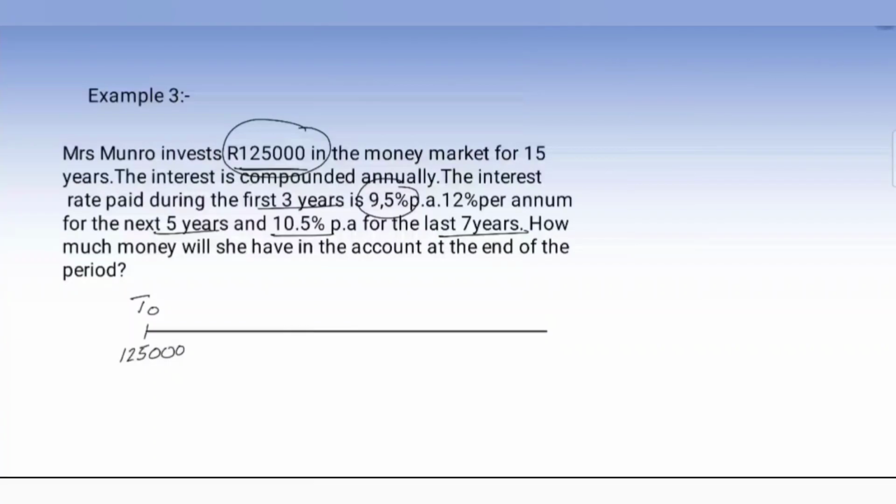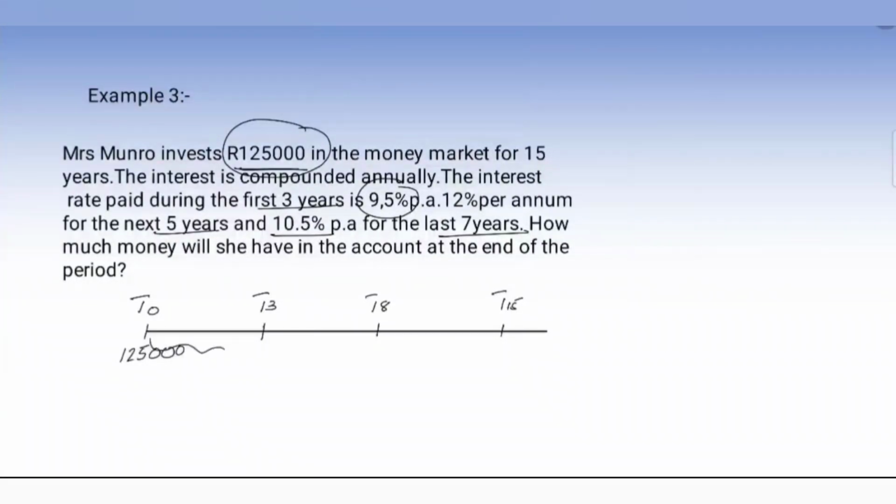See, whether it is a transaction or interest rate, anything that is changing, everything you have to mention on the timeline. First 3 years, that is T3. Okay, then from T3, next 5 years means 3 plus 5, that is T8. Then last 7 years, that is 8 plus 7 is going to be 15.